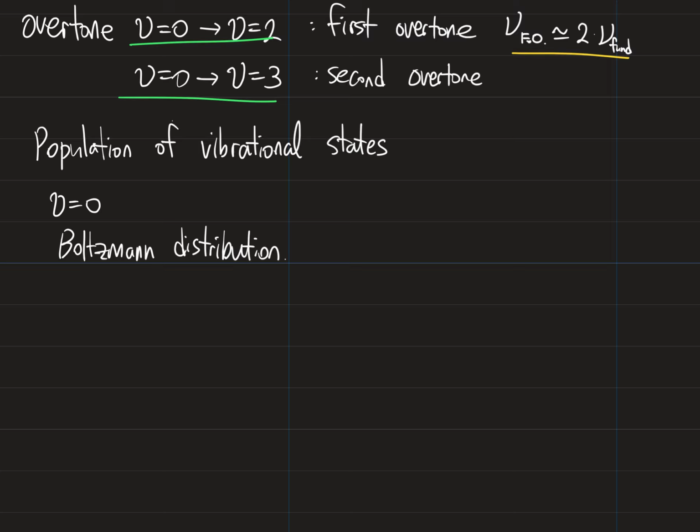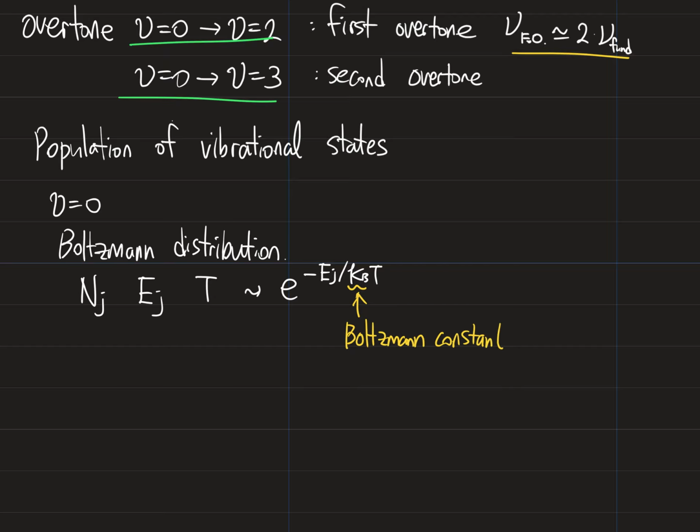The Boltzmann distribution tells us that the number of molecules N_j in a state with energy E_j at temperature T is proportional to exponential of minus E_j over k_B T, where k_B is the Boltzmann constant.